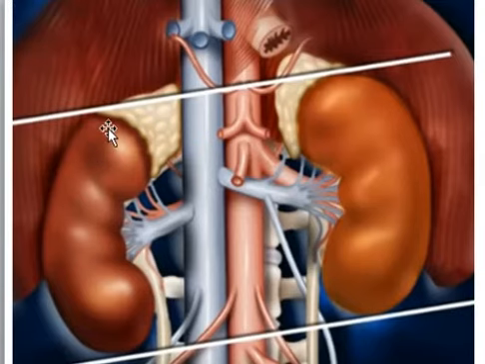This is the superior pole of the kidney, and this is the inferior pole. This is the convex outer curvature, and this is the concave inner curvature.